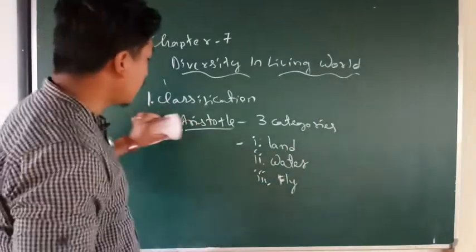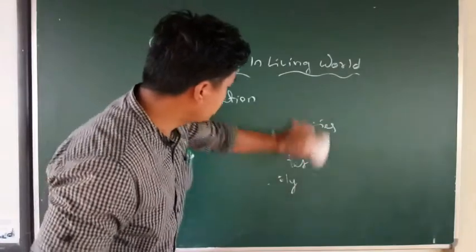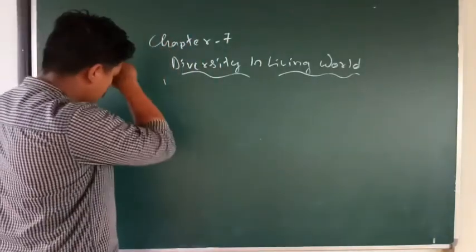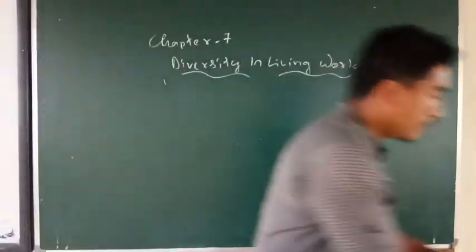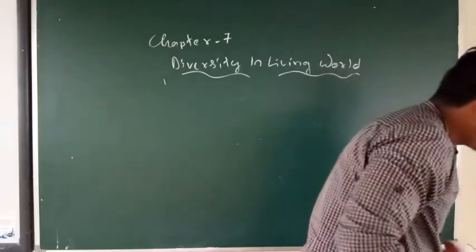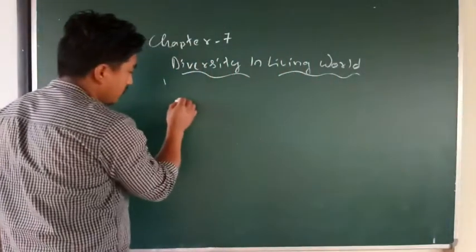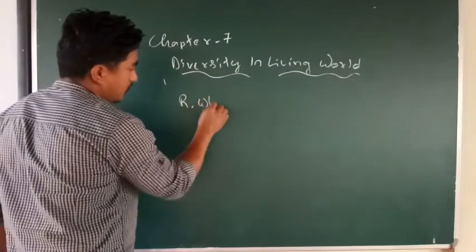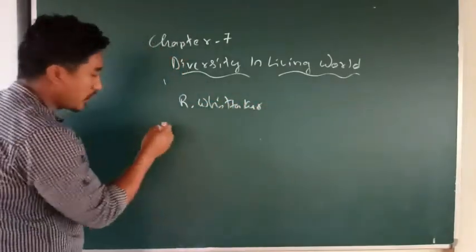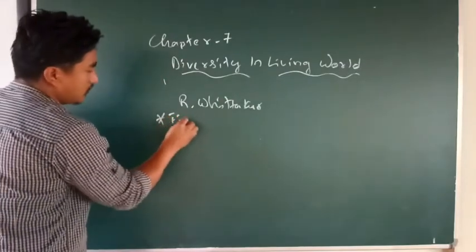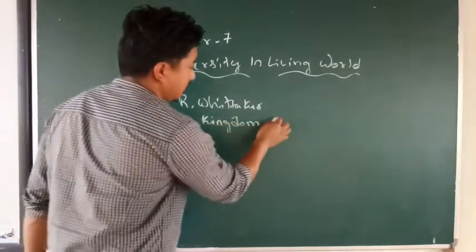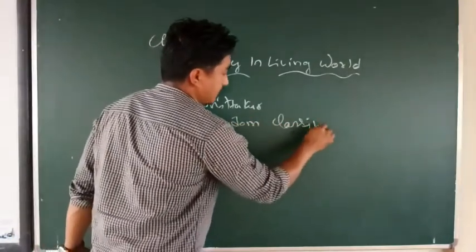The next and the most accepted system of classification was proposed by R.H. Whittaker, and it is known as the five kingdom classification.